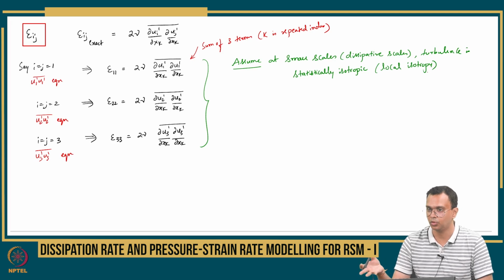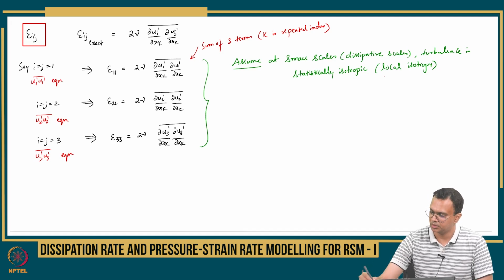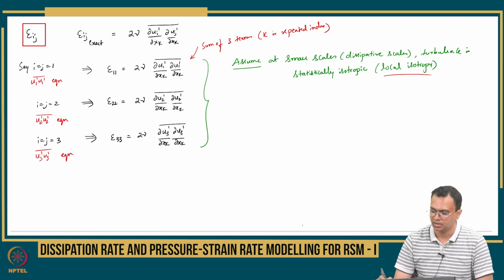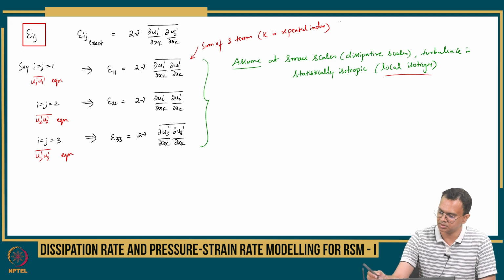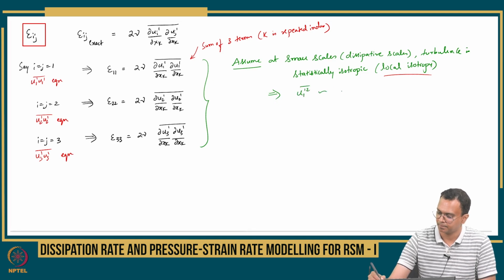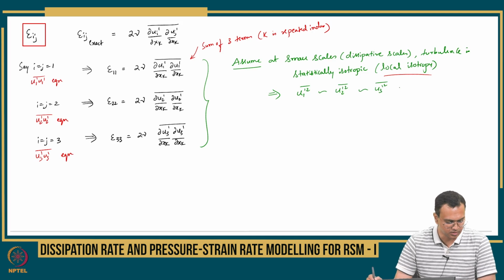If that happens, what will happen to our Reynolds stresses? If this condition exists, this implies u1 prime square, u2 prime square are all equal, statistically isotropic.